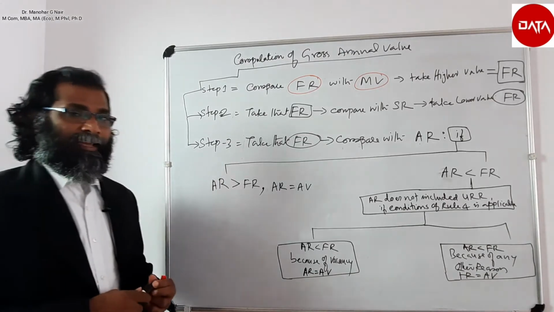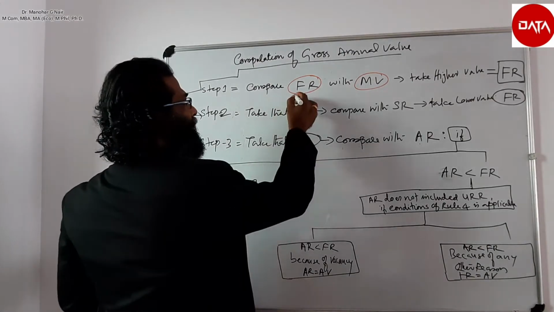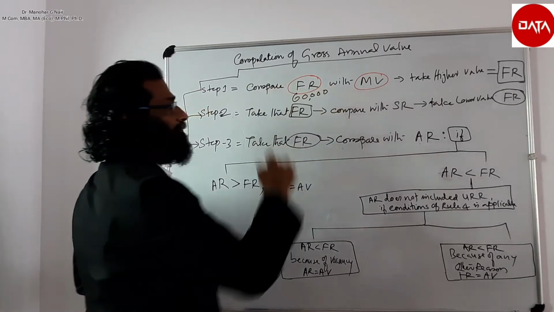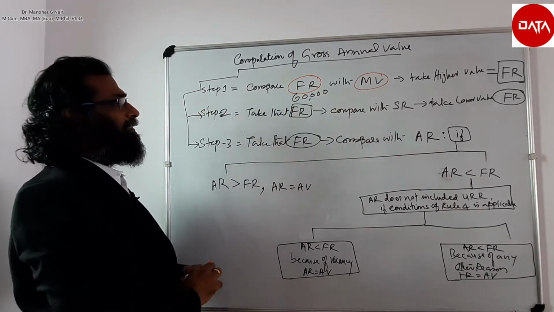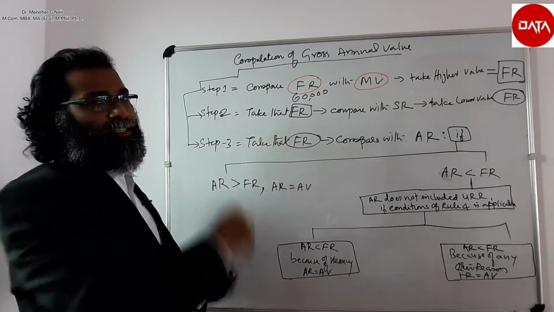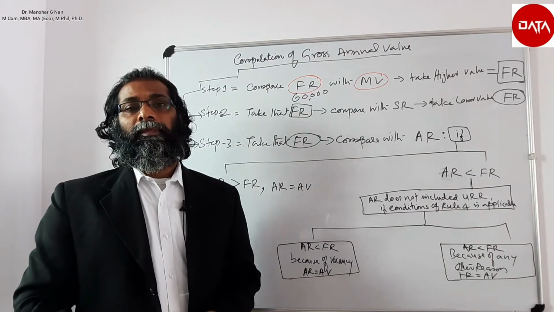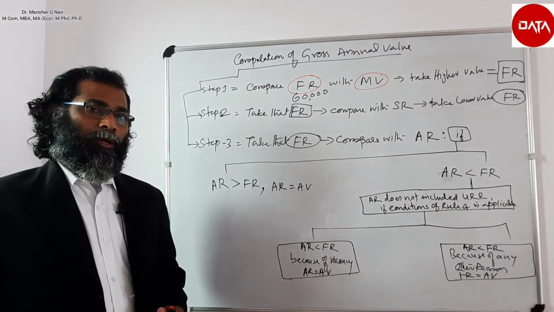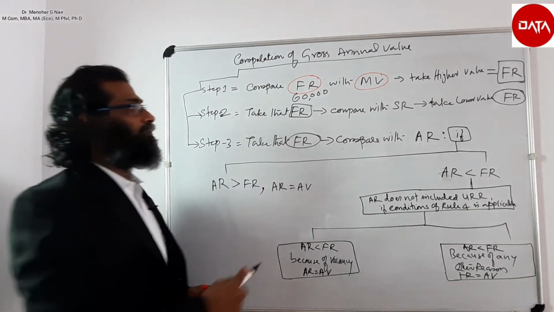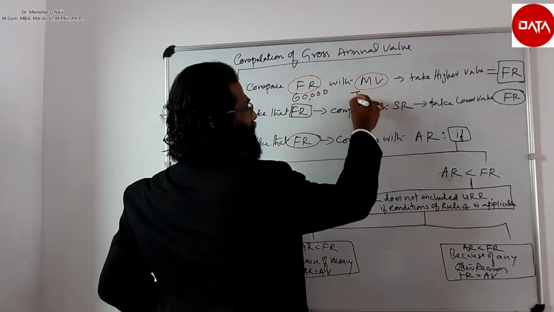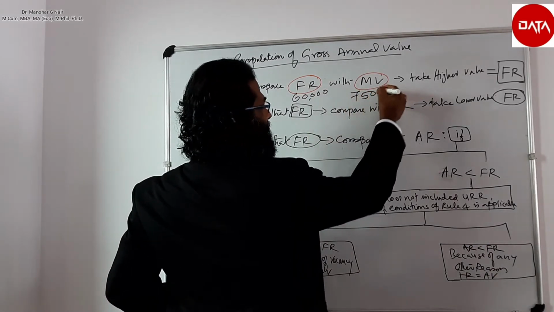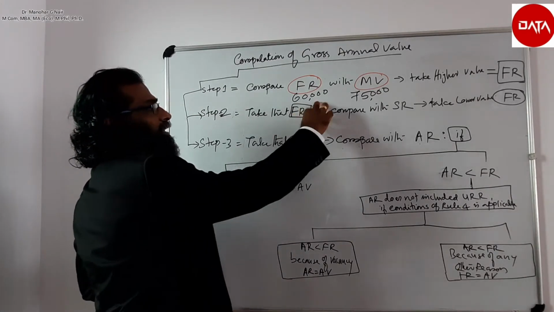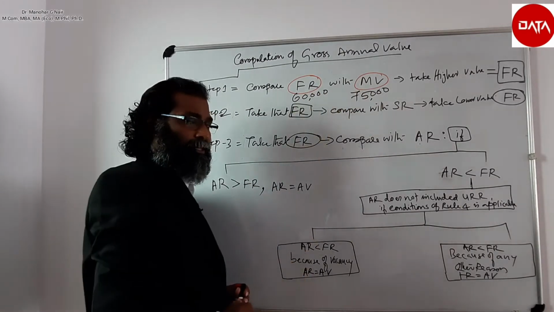So let us take an example. The fair rent per annum is, for example, 60,000. Compare that fair rent with the municipal valuation. Municipal valuation is the value fixed by the local authority. So assume that the municipal valuation is, for example, 75,000.